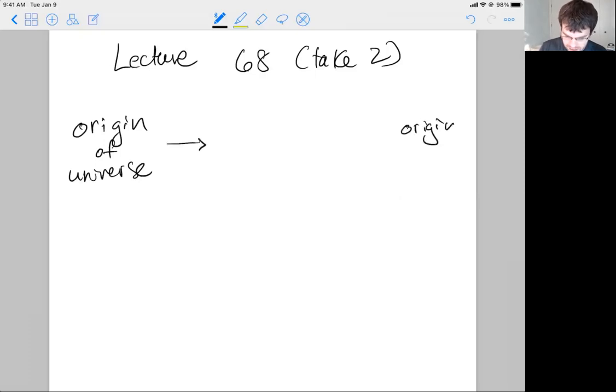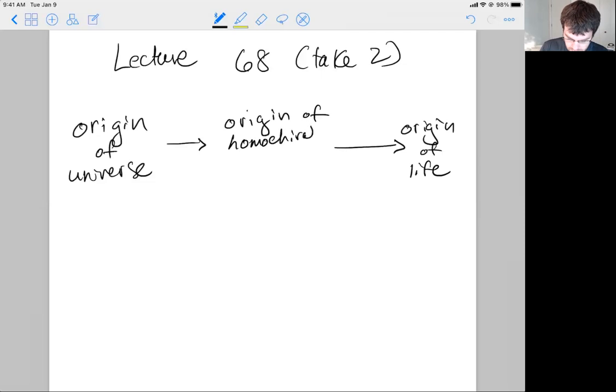I'm leaving a big space in here because we need to have a bridge between the origin of the universe and the origin of life, which involves the origin of homochirality in the universe.